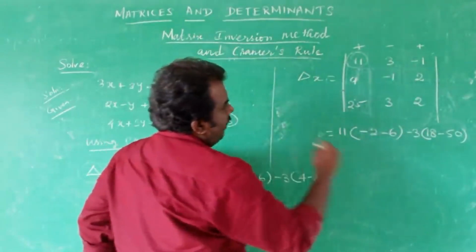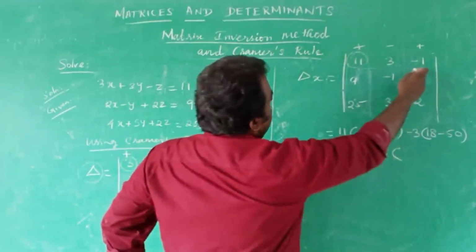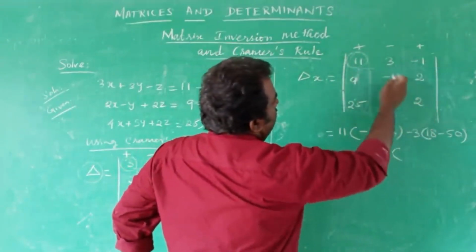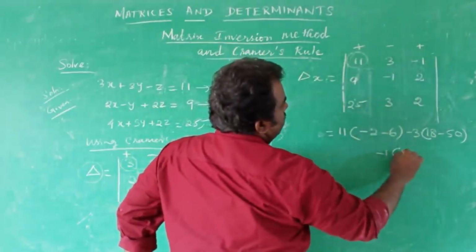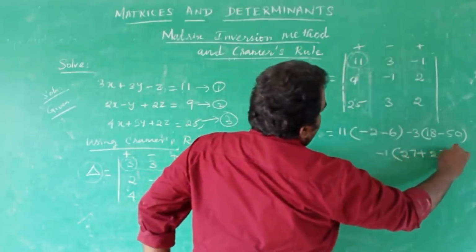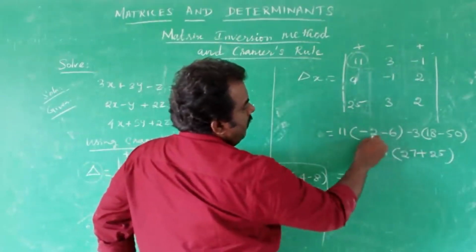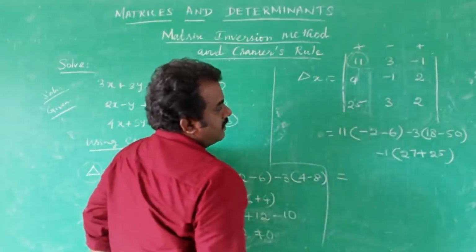Fix the element -1 along with the symbol positive, leave this row and this column, and take the determinant of the remaining 2 by 2 matrix: 9 threes are 27 plus 25, which is equal to -6 - 2, that is -8.